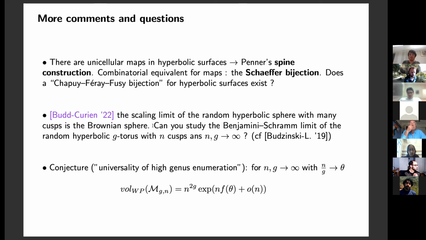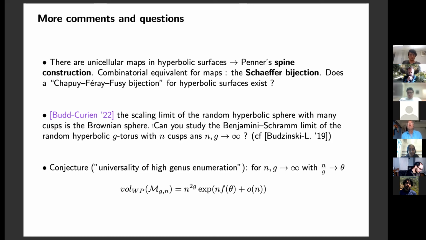So the question you can ask is, can you do the same, but now for the Benjamini-Schramm limit, so for the local limit, do the same as we did with Thomas Budzinski, and the thing I talked about earlier? Can you take a hyperbolic genus g torus with enough cusps, let n and g go to infinity, and study the local limit, maybe with the right rescaling? Can you find a Benjamini-Schramm limit of this object?